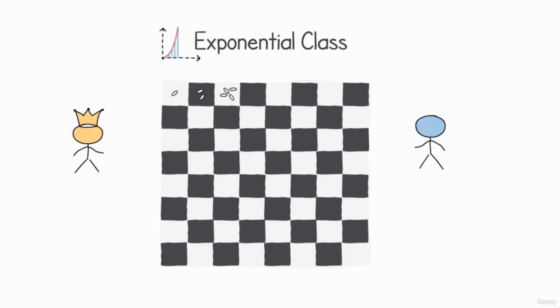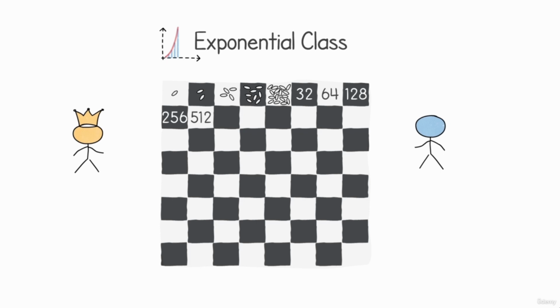So on the 4th box you would put 8 grains of rice. After that you would put 16 grains of rice on the 5th box, then 32, 64, 128, 256, 512, and so on until you fill the entire chessboard. Always doubling the amount of rice per box that you have on the chessboard.